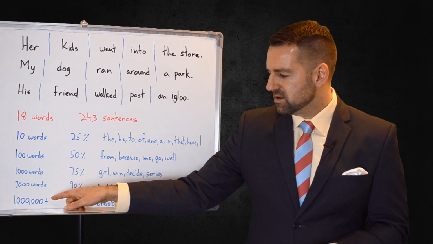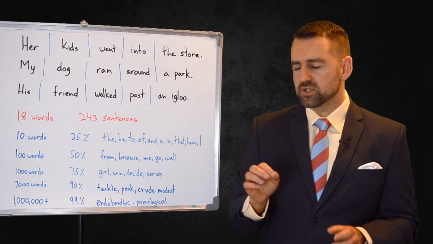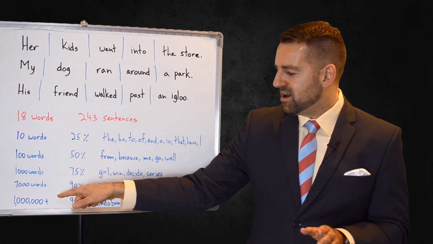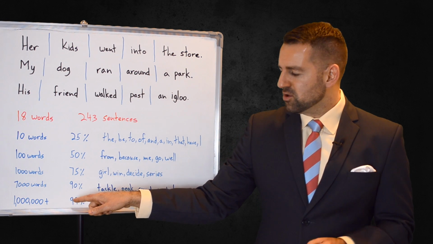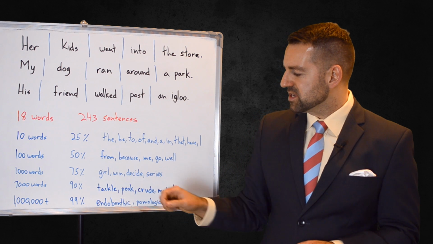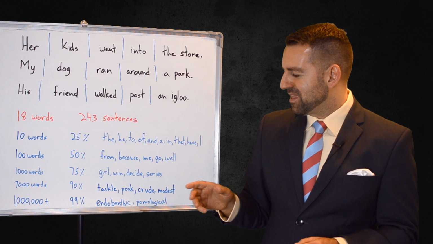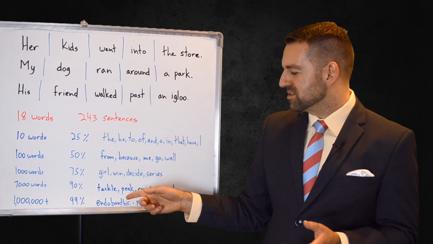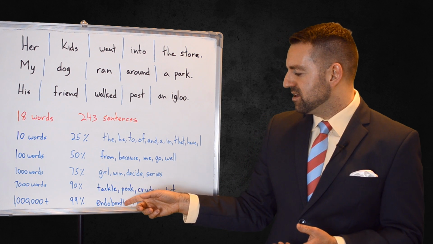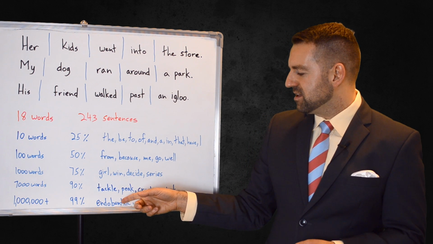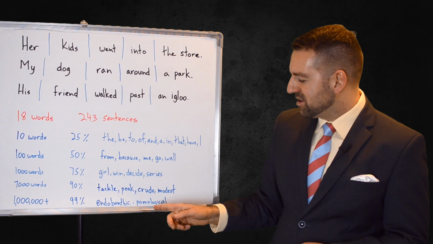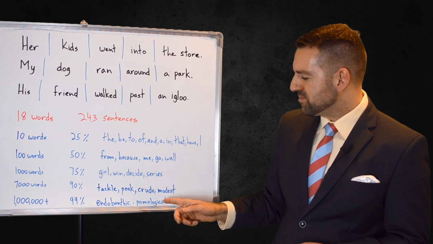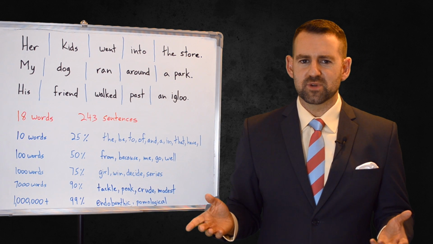There's more than 1 million. So if you know 1 million words, you'll probably know 99% of English. Those words in that category are words like endobenthic, pomological. I don't even know what those words mean.